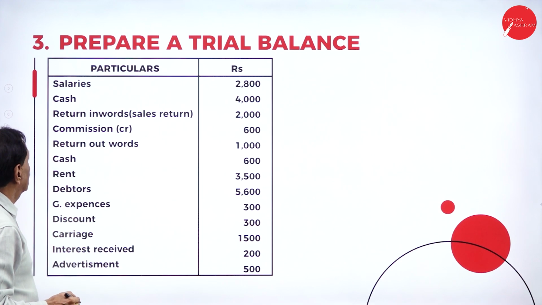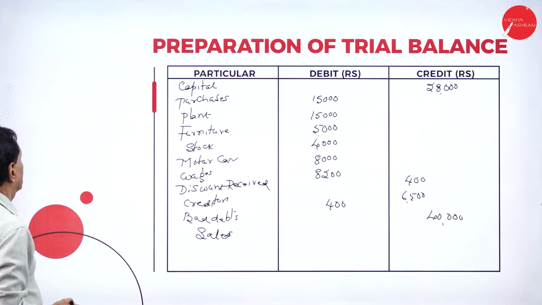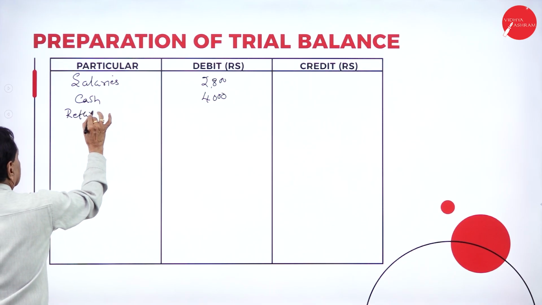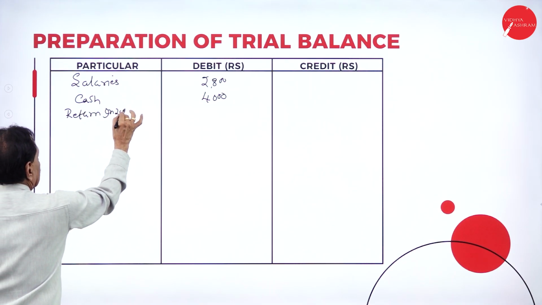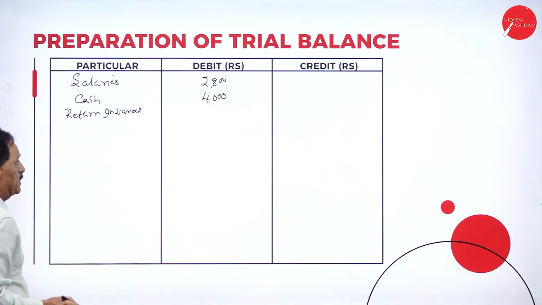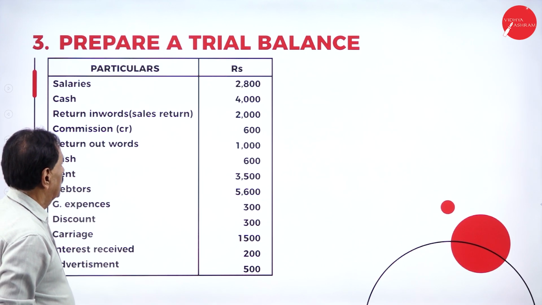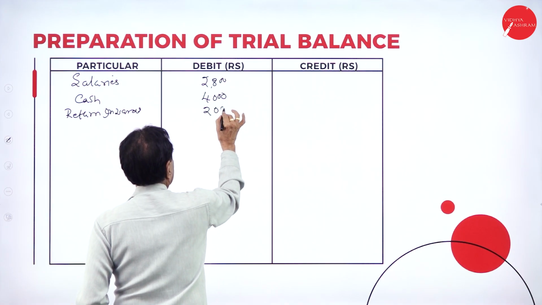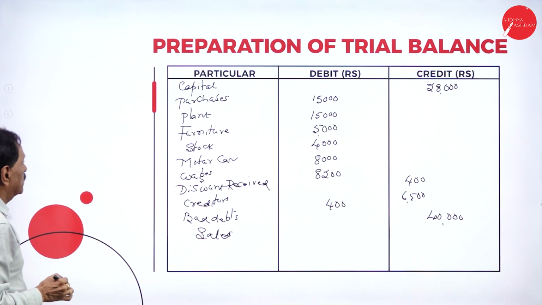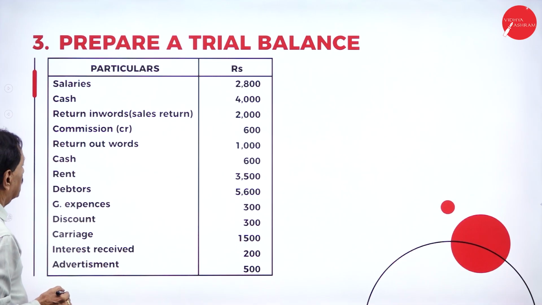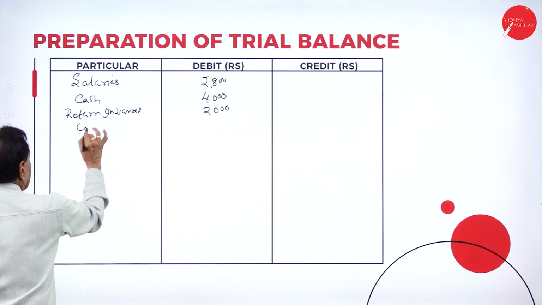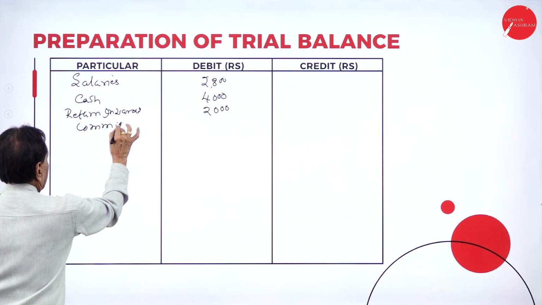What next? Return inwards. Sales return. Return inwards, this is sales return, 2,000. What next? Commission. Credit side.